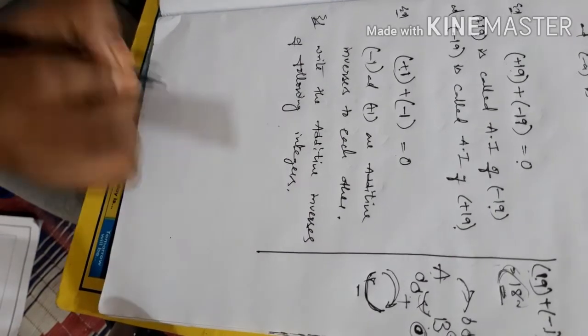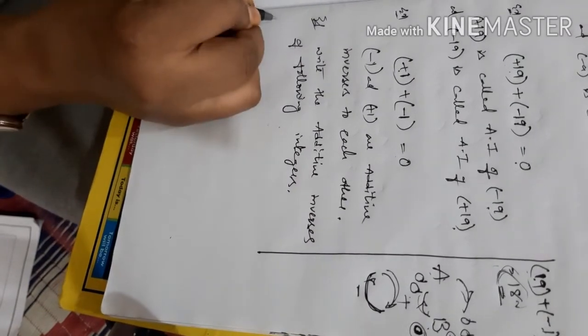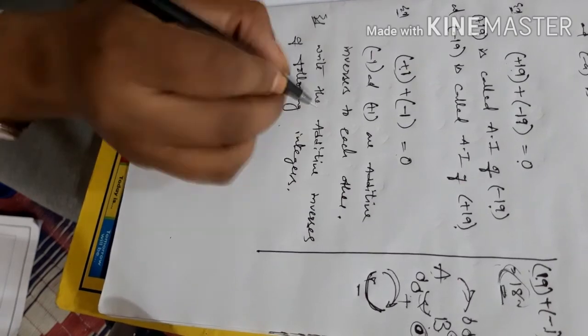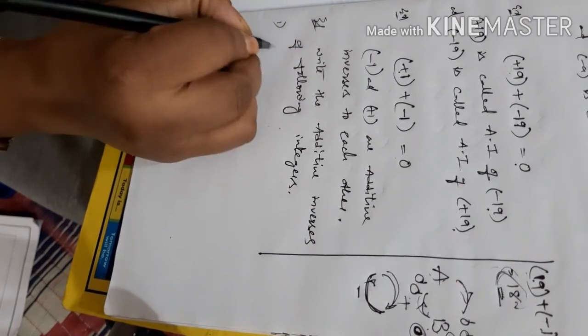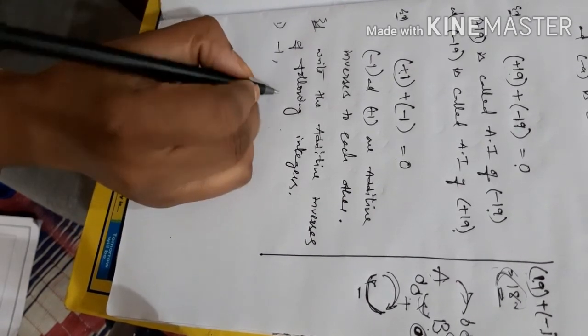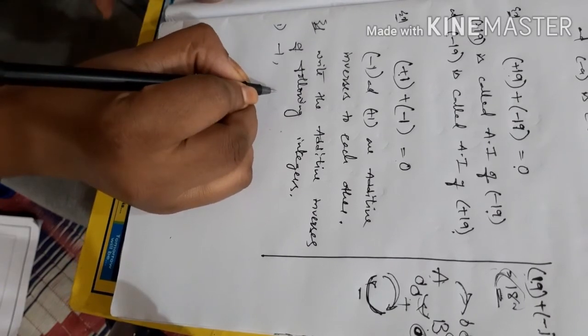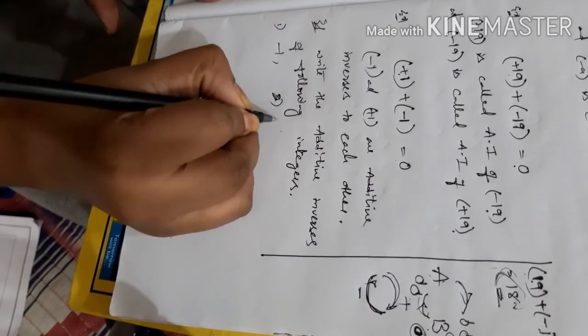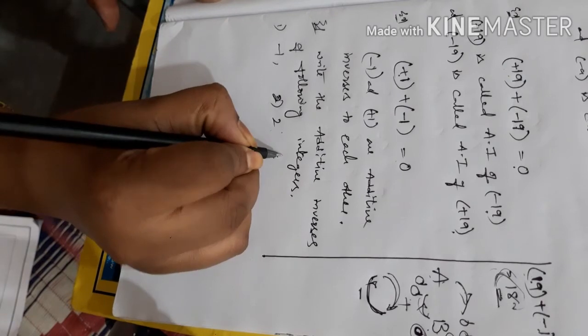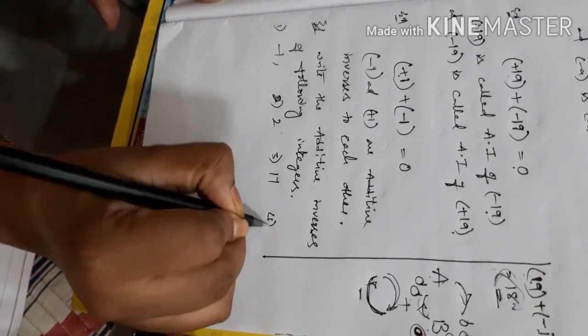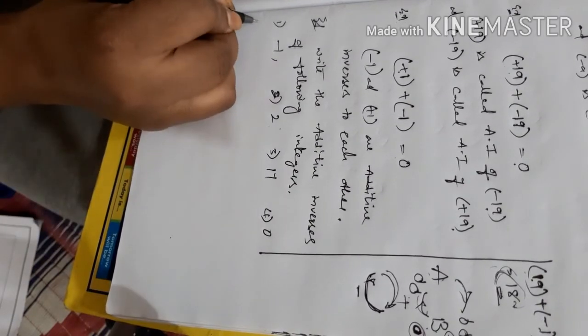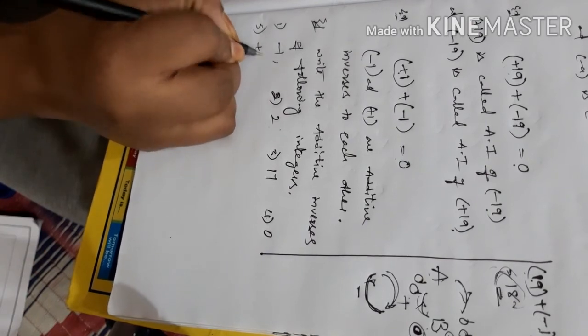So this is a question, and this is the main heading. Questions are -1, second question 2, third question 17, fourth question 0, fifth question +1.